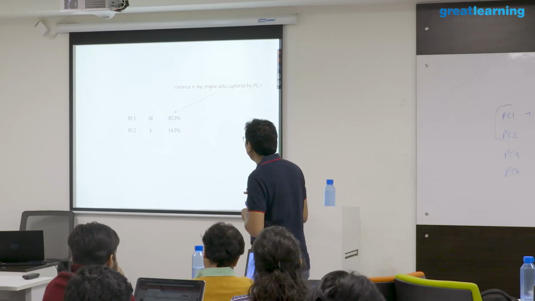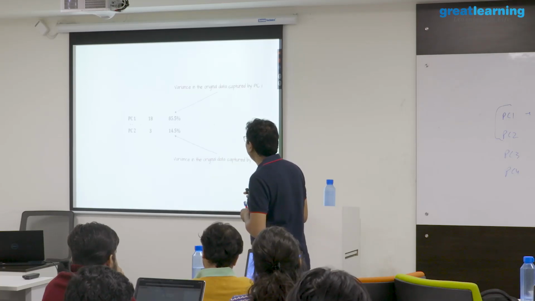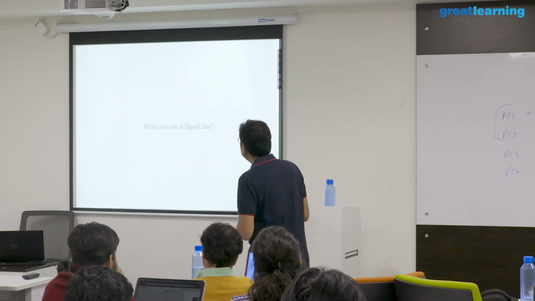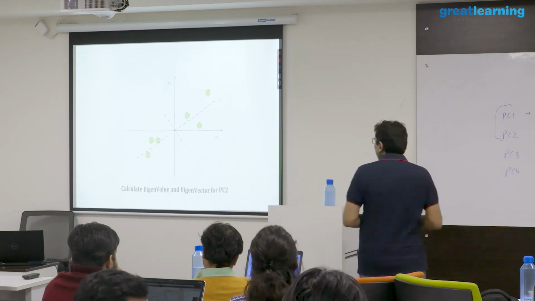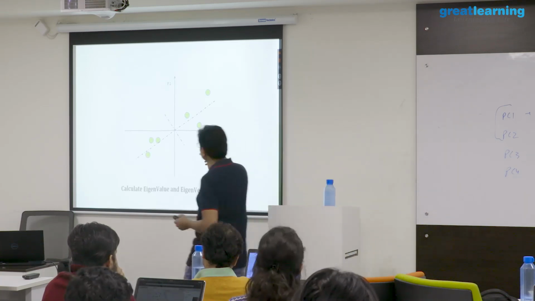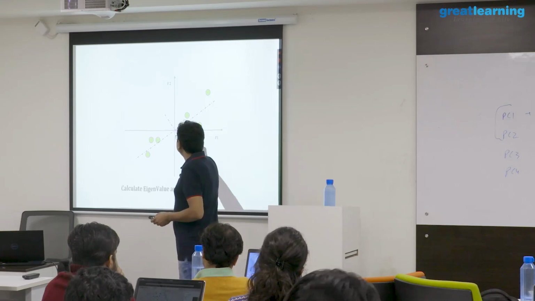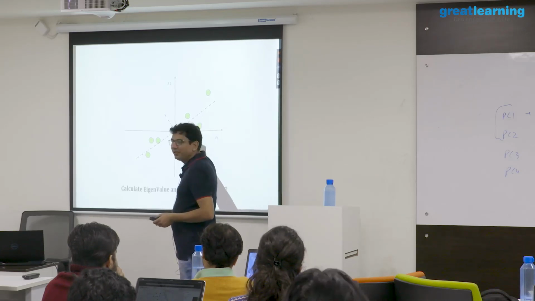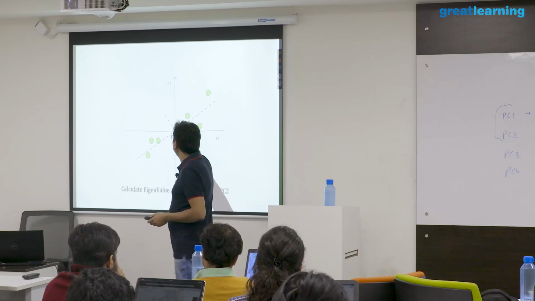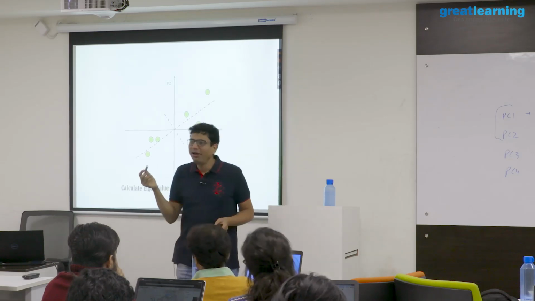So how can we make it perpendicular? PC1 is a given baseline. Let's look at this one. Suppose F1 is 3 and F2 is 1.5. That's what we saw, right?